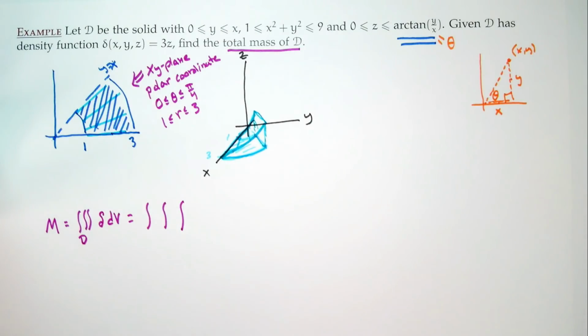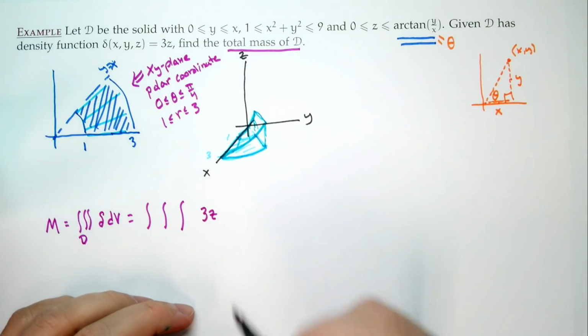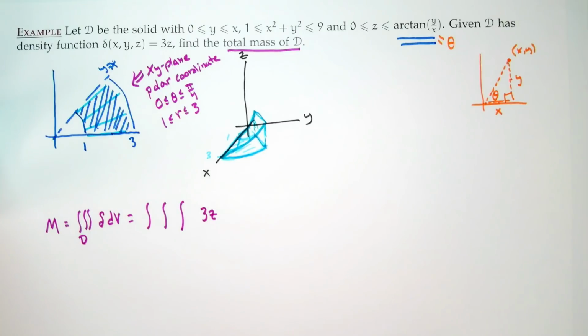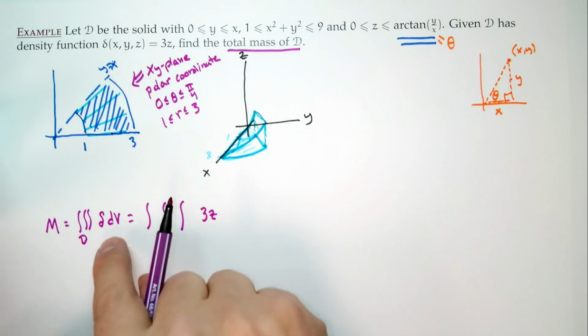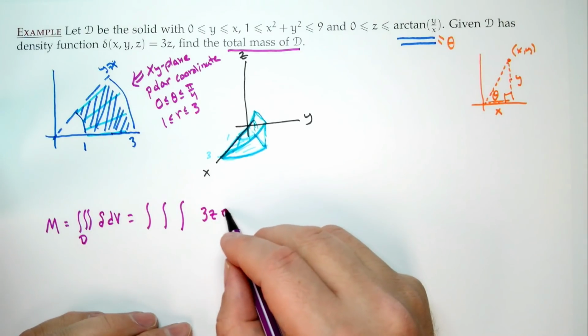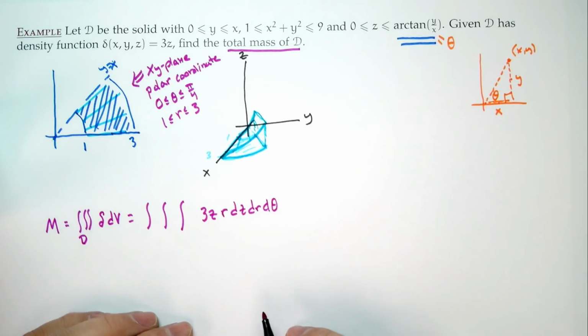So we've got to convert 3z from Cartesian coordinates into cylindrical coordinates. In cylindrical coordinates, 3z becomes 3z. Or rather, z serves the same purpose. Okay, that's good. What about our dV? Well, that's r dz dr d theta. Don't forget the r, that's important.